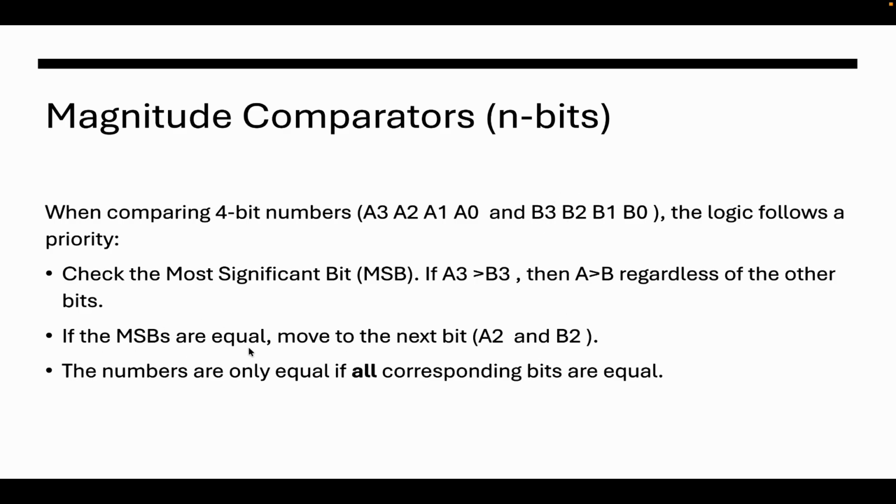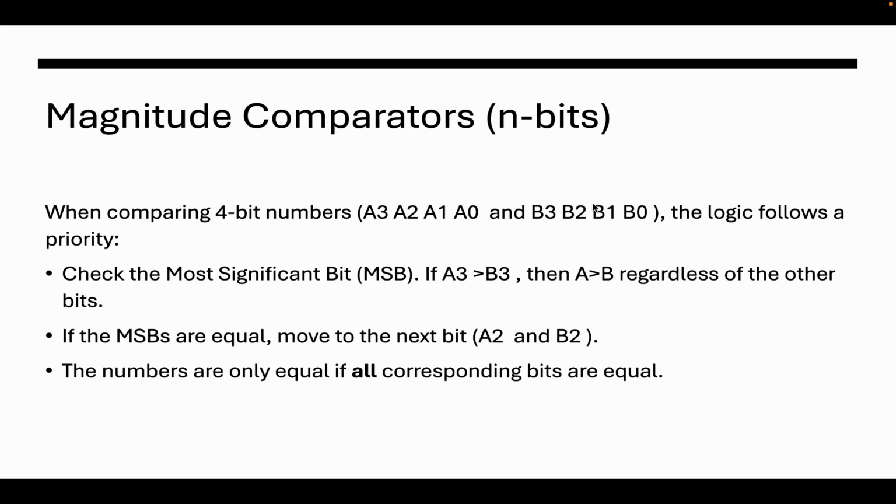So if the MSBs are equal, move to the next bit. Consider you have 1 here also, 1 here also. So it is equal, so we'll go to the next. We'll compare these two, A2 and B2. If A2 is greater, obviously this number becomes greater. So we go from A3, we compare A3 and B3. If it is equal, we go to A2.